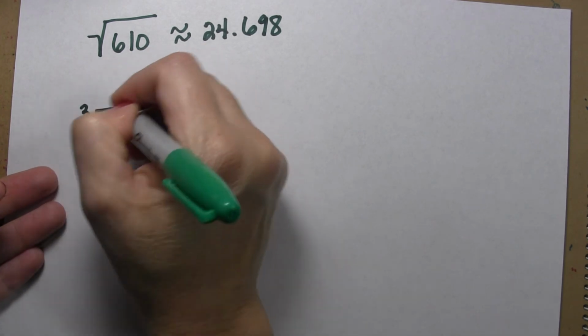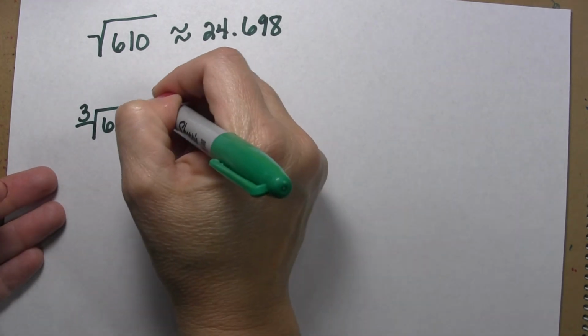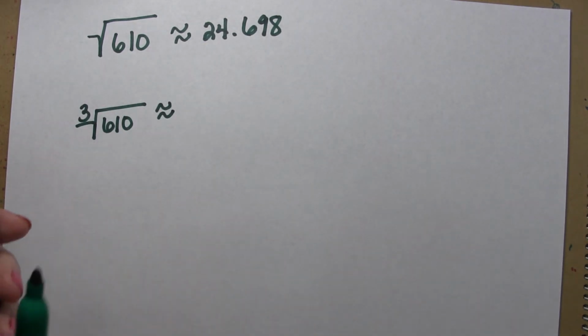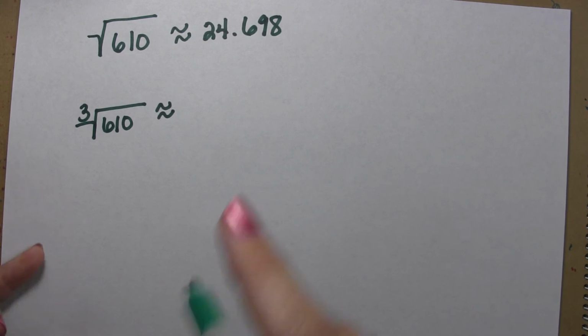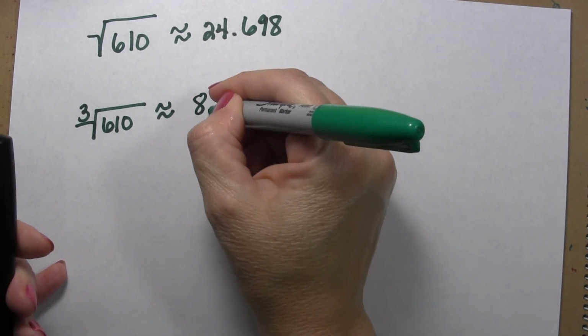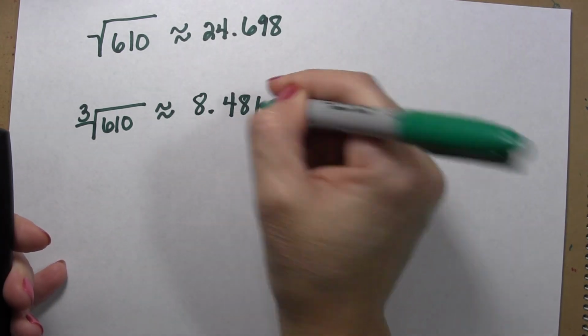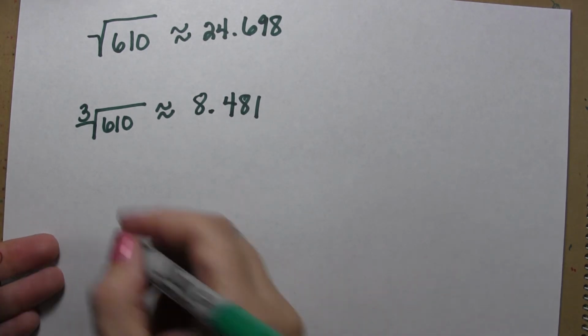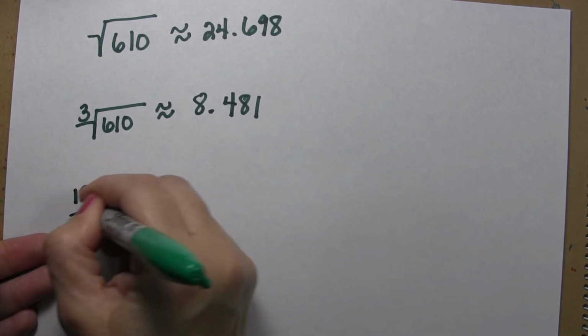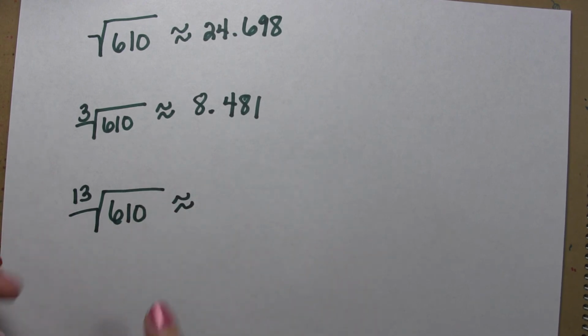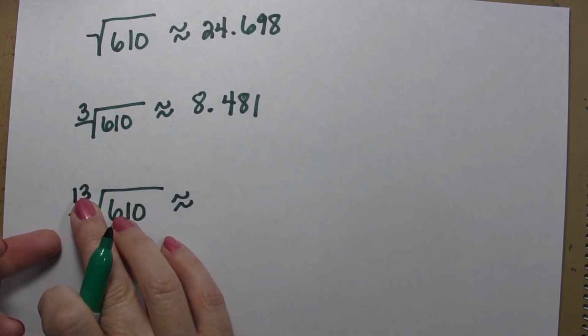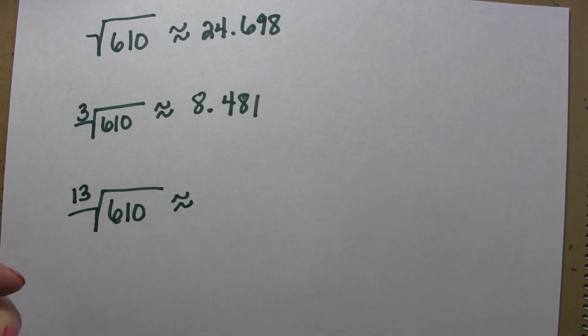I could take the third root of 610 by using my funky new button. And so if I do that, I get about 8.481. And if I wanted to, I could take the 13th root of 610, and this would be a number multiplied by itself 13 times to get 610.